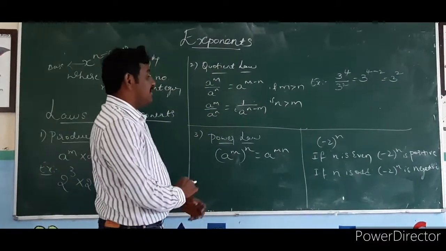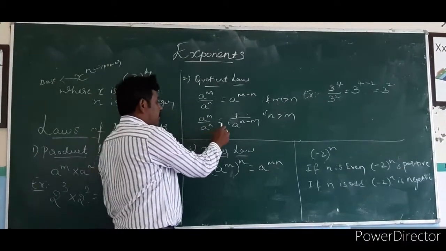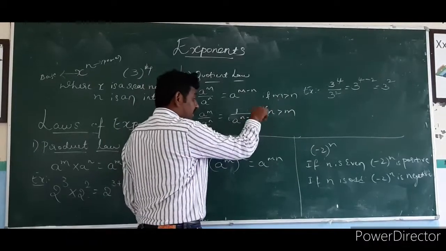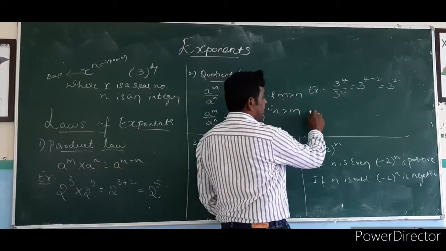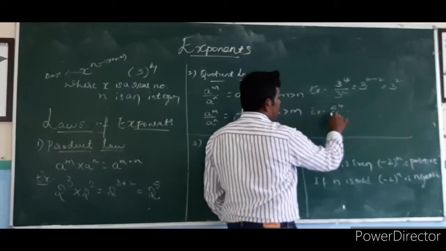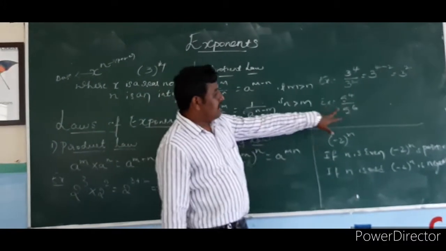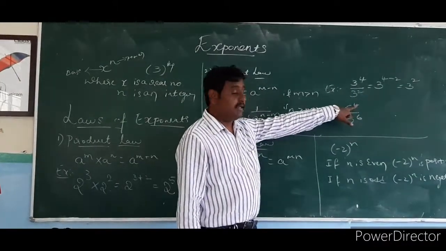In case, a to the power of m divided by a to the power of n is equal to 1 divided by a to the power of n minus m when n is greater than m. Example, 5 to the power of 4 divided by 5 to the power of 6. Look at this case, n is greater than m.